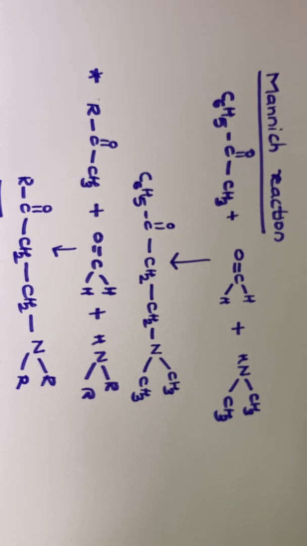Okay, let us go through the mechanism of this reaction. A very easy mechanism it is. So you have taken an aldehyde and a ketone containing alpha hydrogen, and then you should use formaldehyde and then ammonia, or you can use a primary or a secondary amine. Now, formaldehyde first reacts.